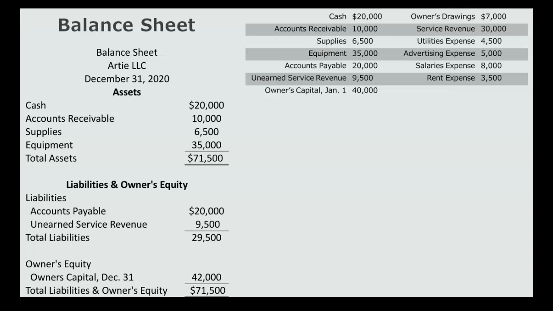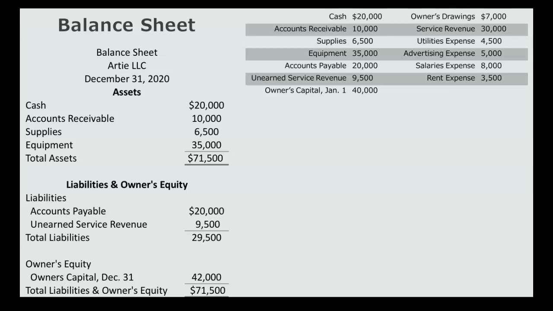So if you fill out a balance sheet, right, and your total assets and your total liabilities and owner's equity equal, chances are you filled it out correctly. If they don't equal, you definitely need to take a step back and figure out what you did wrong. My first recommendation would be to double check for just a math error, right?